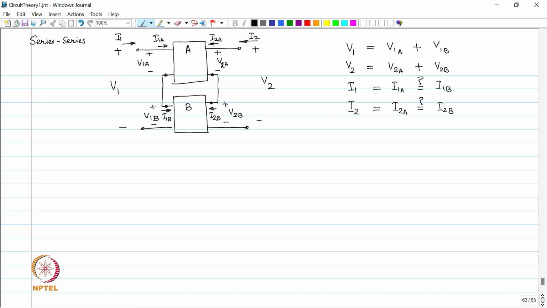Let us move forward with the assumption that it is equal, but with the knowledge that it might not be equal, it depends. I can, for example, create 2 port networks where they are equal, but if my 2 port network is horrible, then these need not be true. So, in the general case this is not true, in some cases they might be true.